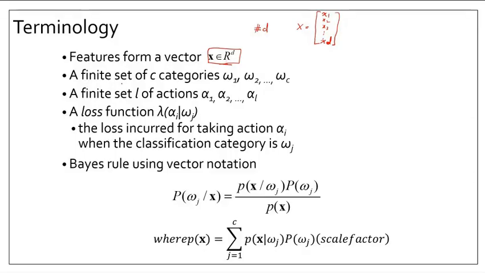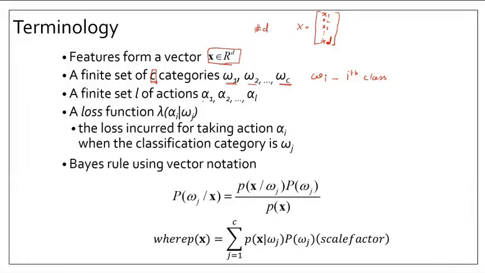A finite set of categories: say there are C categories, we can write them as omega 1, omega 2, up to omega C. So omega i represents the ith class in my problem.